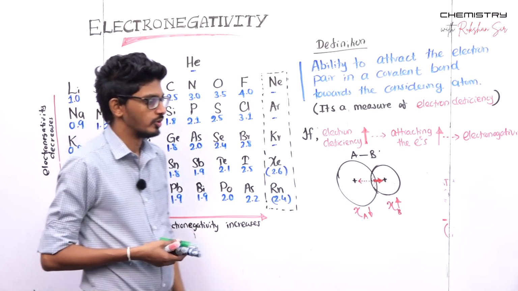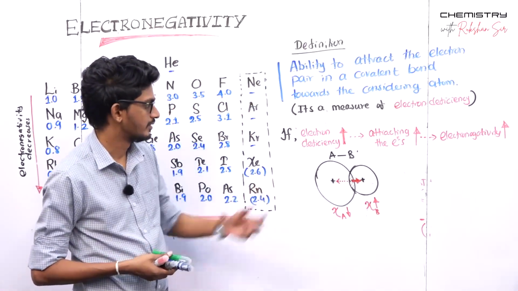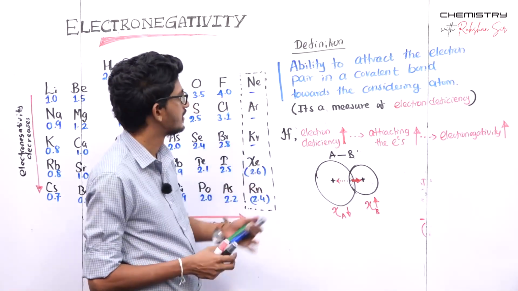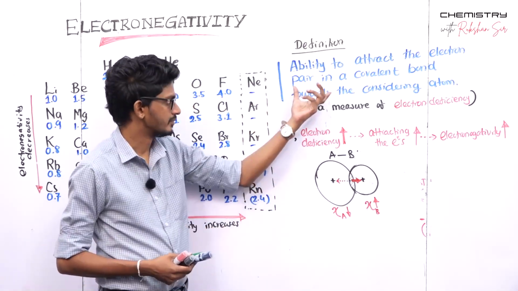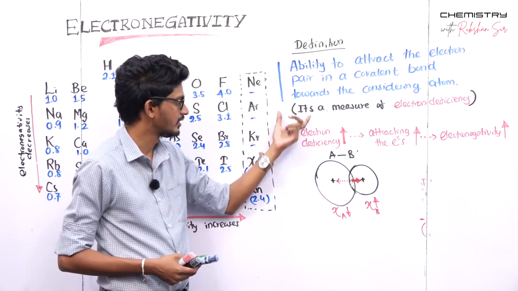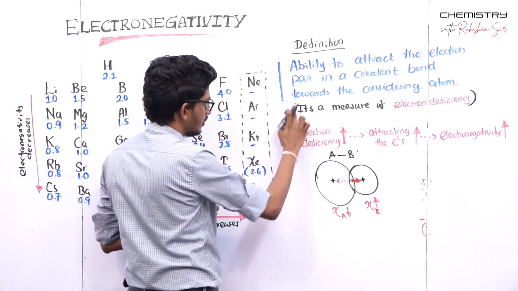So you have a note there in that space, you can write this: it's a measure of electron deficiency. So you can start with this point.